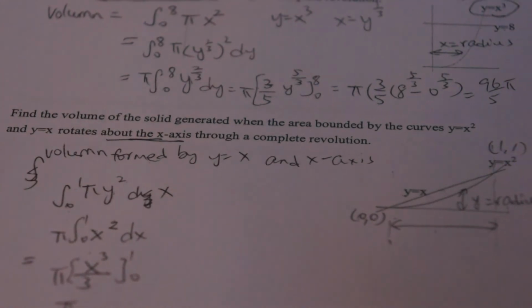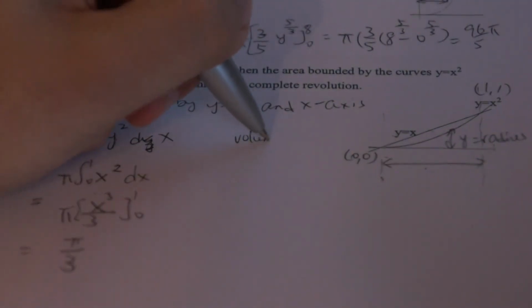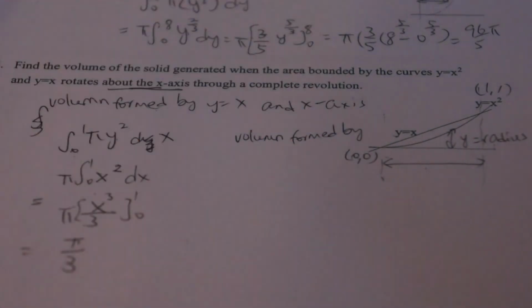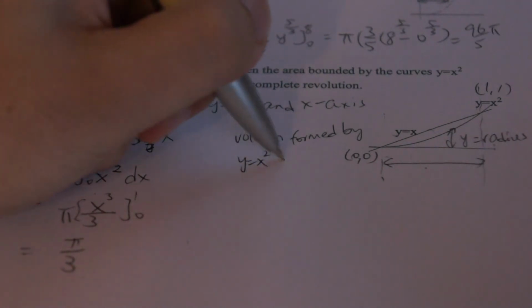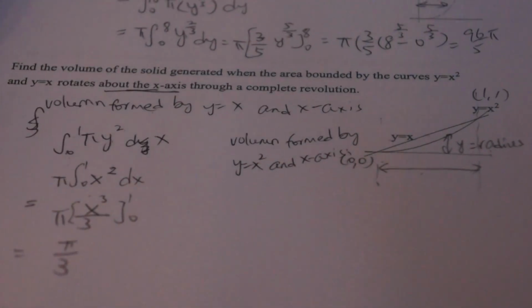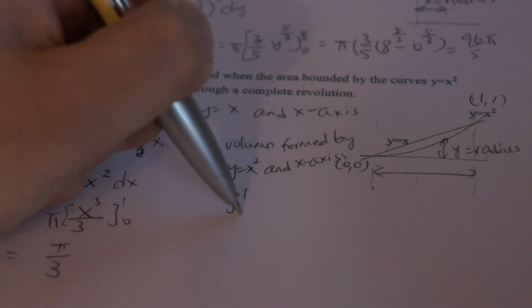Okay, for this one. However, there is also the other volume, formed by y equals x squared and the x-axis. So we have 1 and 0 again.